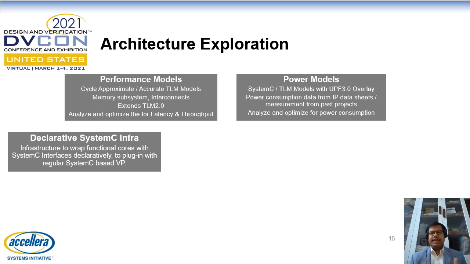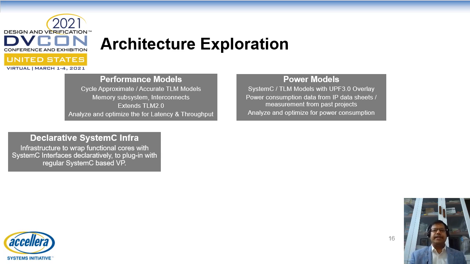One of the things which can help us with the modeling is to have a declarative SystemC syntax. Once you have a functional core, for example, if you're doing an encoding or decoding, you have a C function which takes in all the parameters, performs the computation, and then generates certain output. Now, the function alone isn't much use standalone.